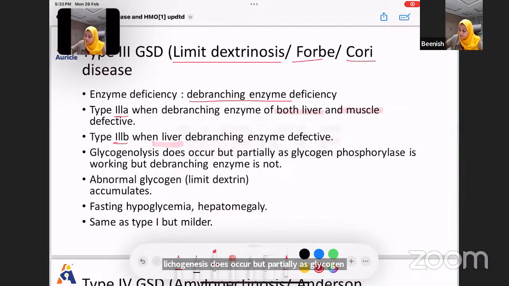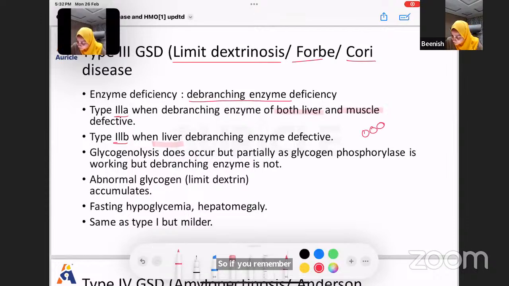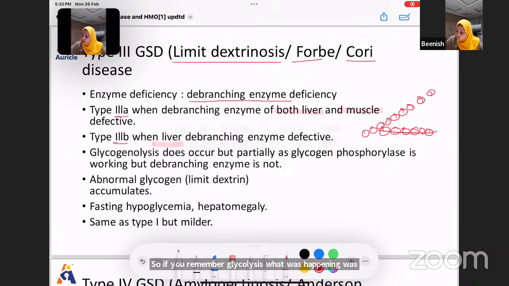If you remember glycogenolysis, this was your glycogen. Glycogen phosphorylase was working initially, and it would remove glucose as glucose 1-phosphate units, and then your debranching enzyme came in, transferring a trisaccharide unit.